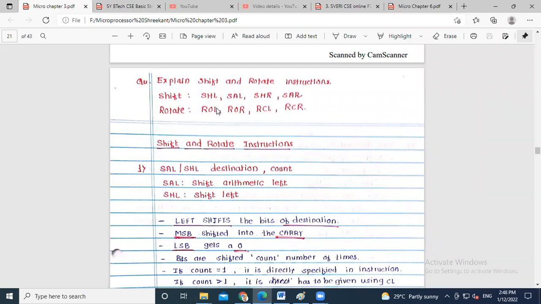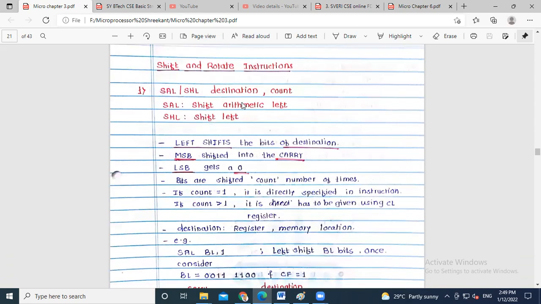In the shift and rotate instructions, there is either right shift or left shift in the shift, and in rotate also either right rotate or left rotate. So shift means SHL, shift left, or shift right, SHR, or shift arithmetic left and right.